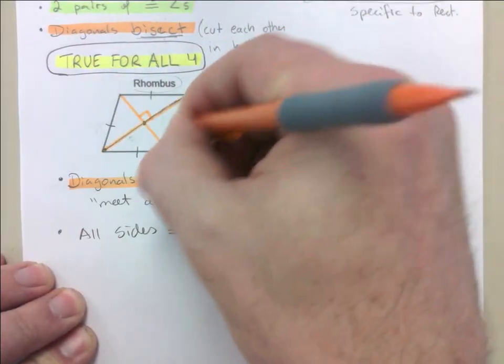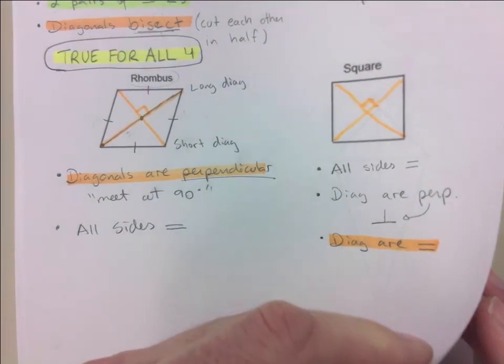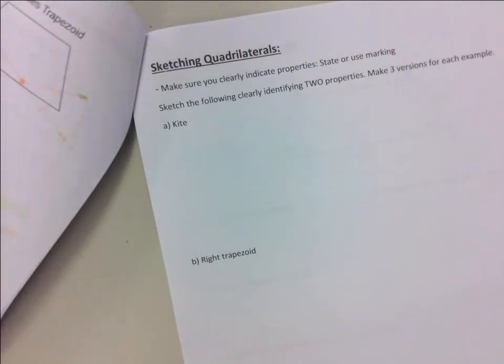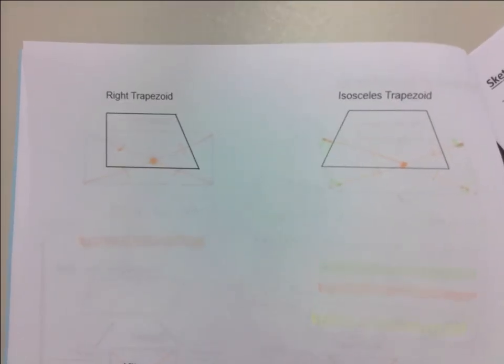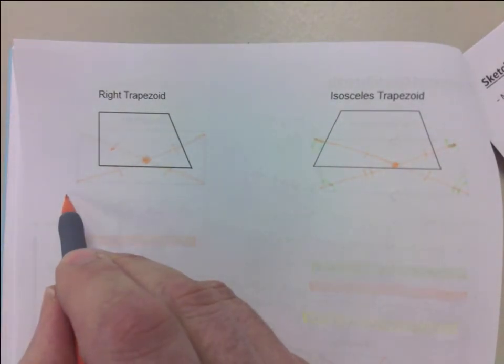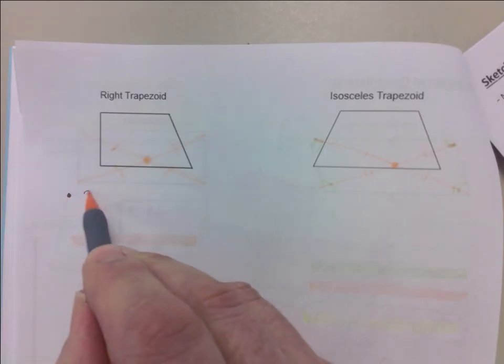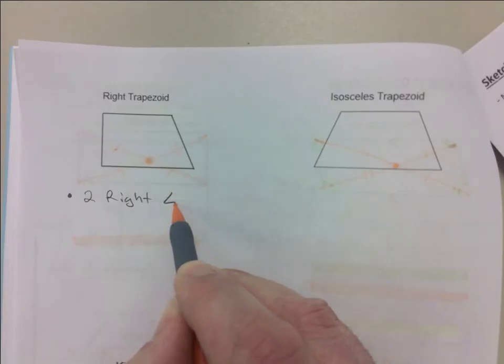Okay, let's keep going. There's a right trapezoid and the isosceles trapezoid. The right trapezoid is a very boring shape, to be honest. This is what you need to know. It's got two right angles.